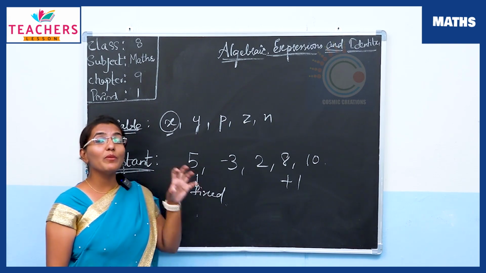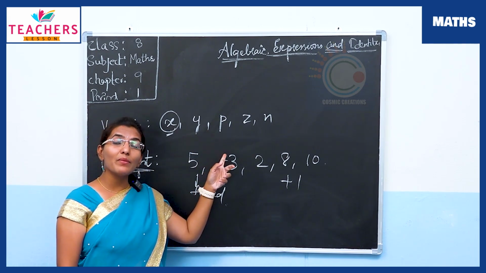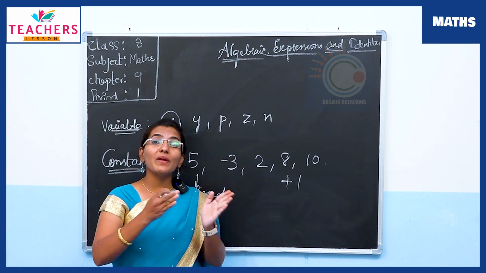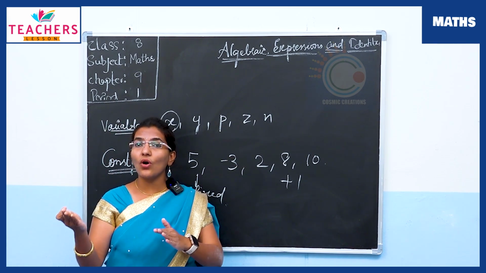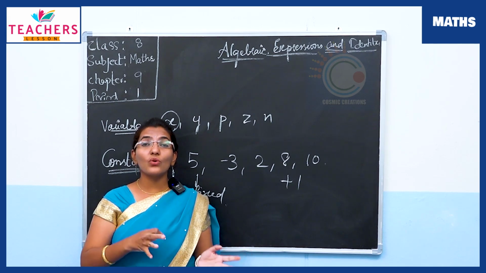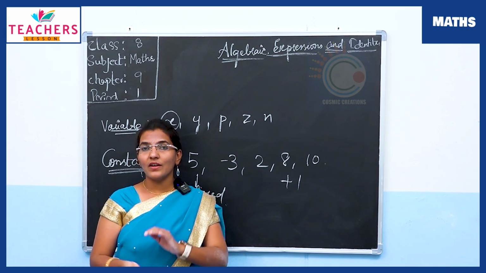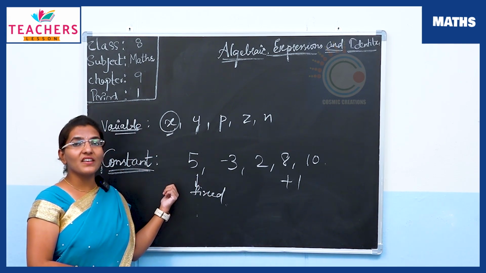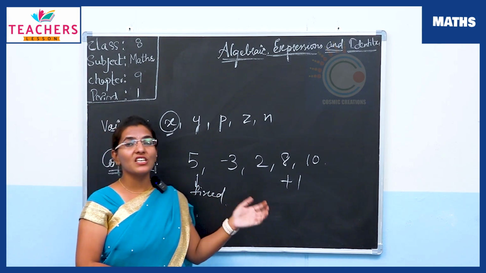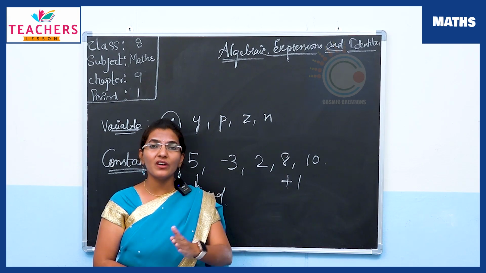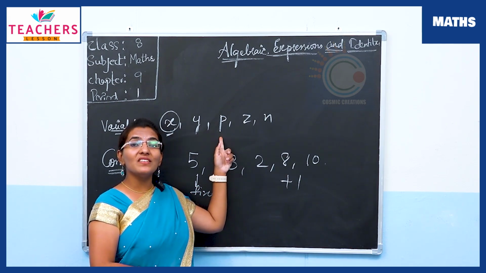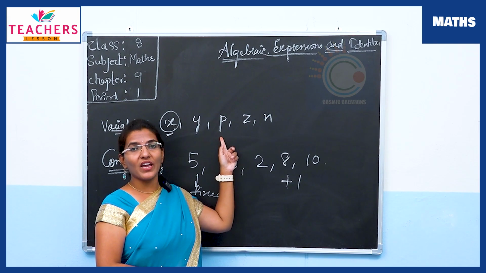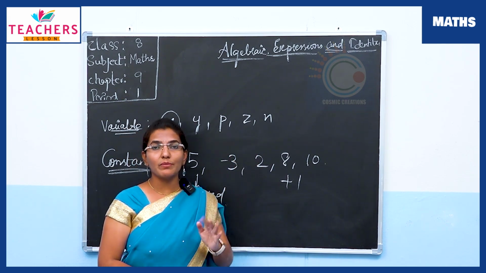Whereas in the variable, what we have observed, the variable can be increased or also decreased. Generally the numbers are denoted for the constants. Variables means generally the alphabets are denoted for the variables. Remember.